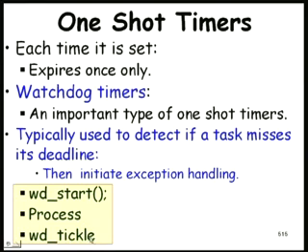Then this system call will be given, WD tickle, which will take the watchdog timer out of the queue. It has completed within time, no exception handling is required, the watchdog timer will be disarmed. But if the processing takes more than 10 milliseconds, the watchdog timer will fire in the timer queue and the handler routine will be invoked.